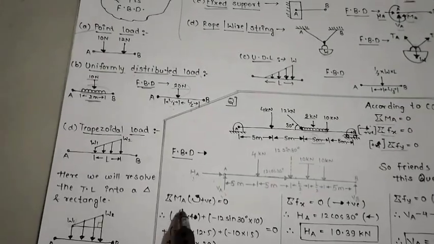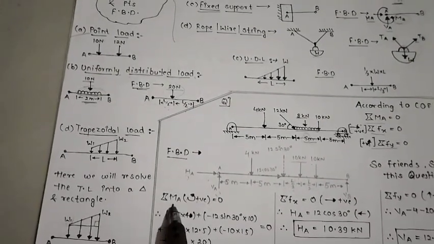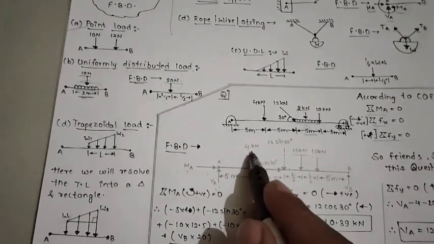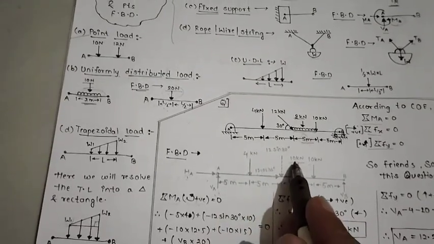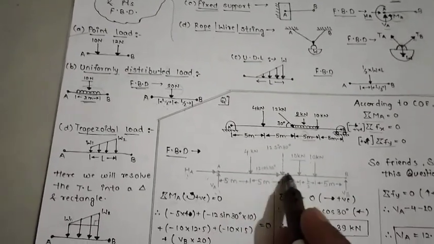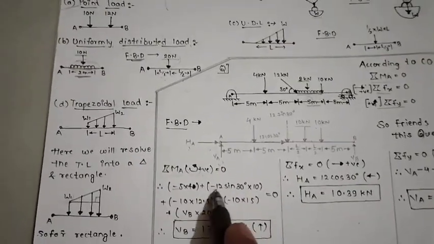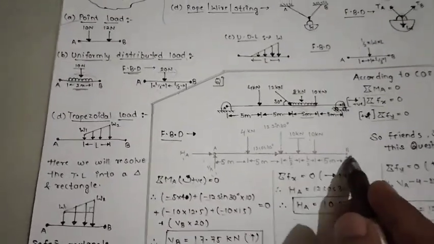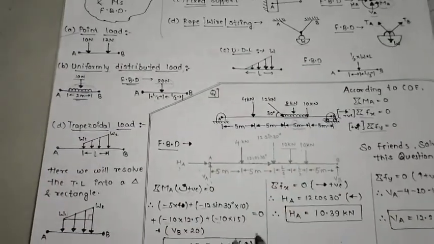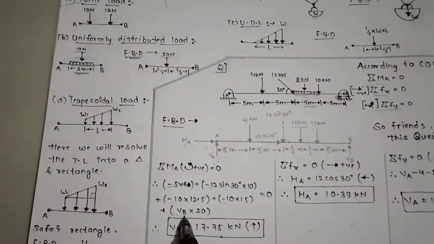After that, you have to calculate the summation of moments about A. So 4 kilonewton, 12 sin 30, 10, 10. As you can see, all these are downwards, so it will be clockwise. Hence, minus will come, and this VB is upward, means it is anti-clockwise. That's why VB will be positive.